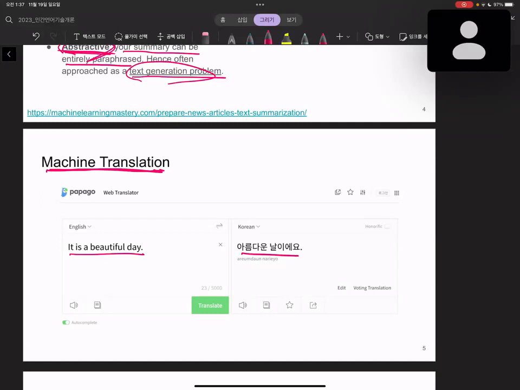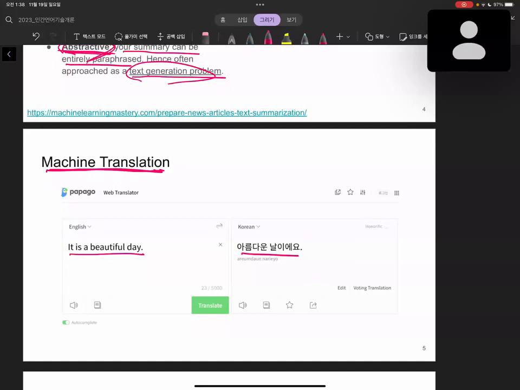So in this case, obviously, by definition, we cannot use an extractive method for this task. There are no Korean tokens in the English corpus, right? So this is why we need a text generation method.